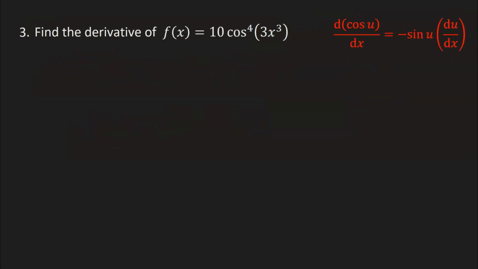Okay, again, I've got another one. This one is a cosine function. Now, the only difference with this one is I have added one more layer to what's happening in this function. This is to the power 4.